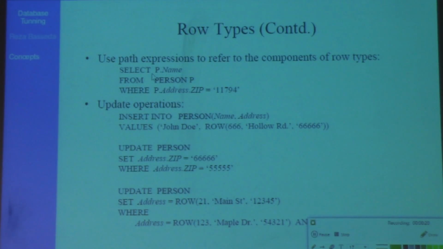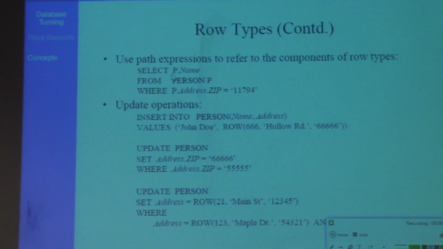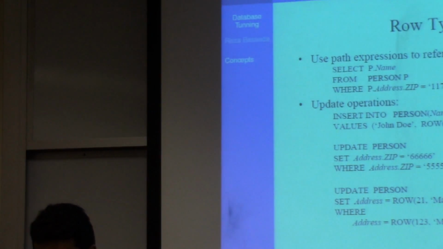What did you do in this select? You were projecting, determining what kind of columns should be selected. Here, instead of columns, you are expressing your desire through a path.